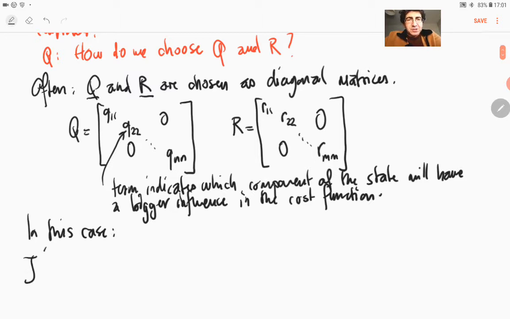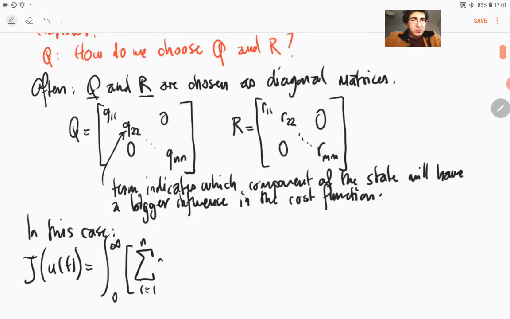Okay, for the diagonal case, we have the cost function J of u of t, which will be our usual integral. But in this case, instead of the matrix multiplication, we will just have the summation of all the corresponding terms, q_ii times x_i squared of t. So each entry of the state vector will be weighted by the corresponding term in that diagonal matrix.